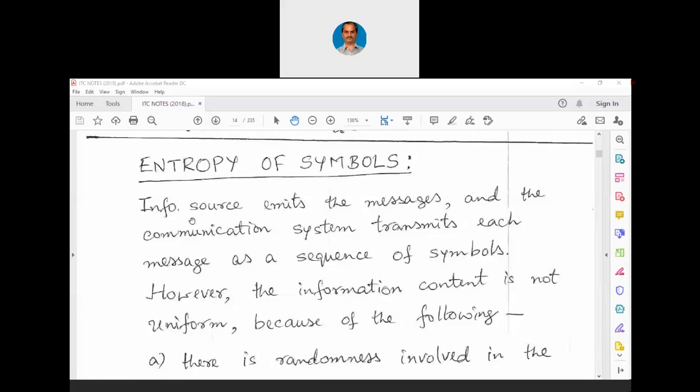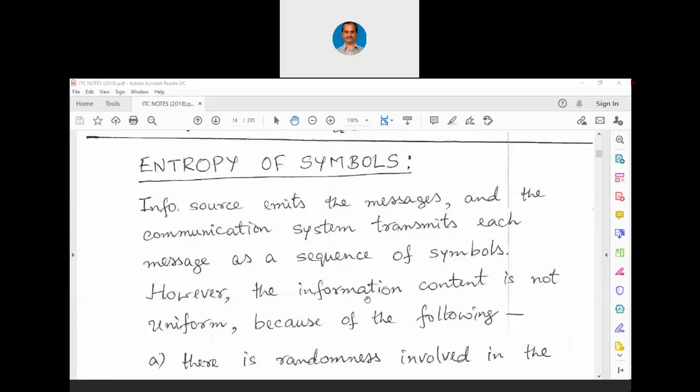An information source emits messages and the communication system transmits each message as a sequence of symbols. This you already know. However, the information content is not uniform, which means we are dealing with discrete information sources.